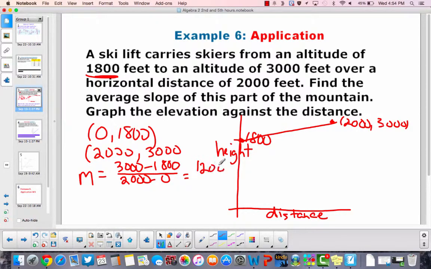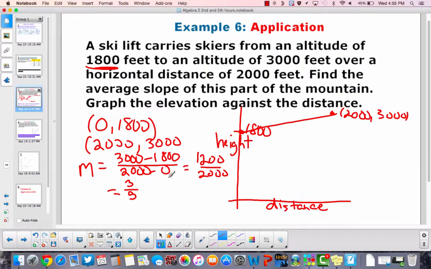That is 1,200 over 2,000, which simplifies to 3/5. That is our slope. That's the average slope for that part of the mountain.